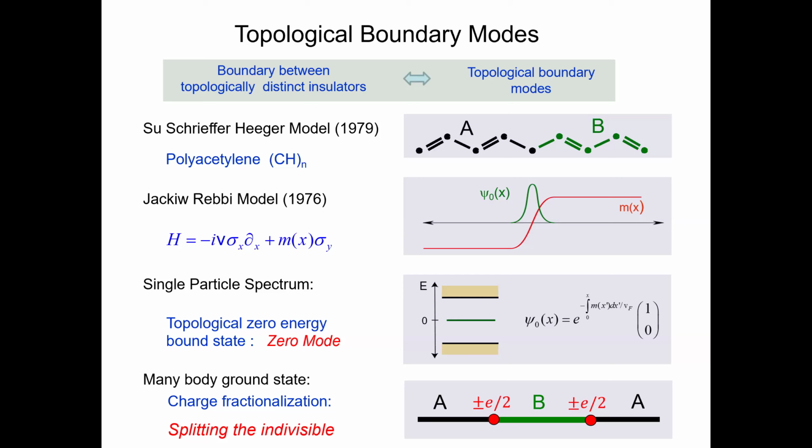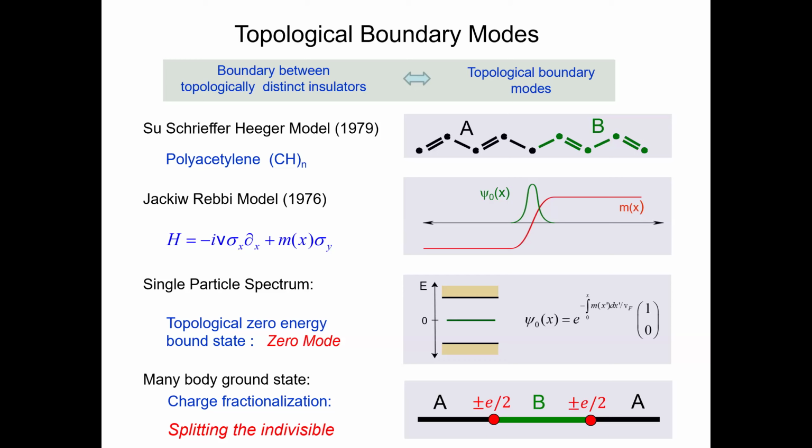This is a pretty easy system to solve because you basically just solve H psi equals 0, a first order differential equation that you can integrate, and you can see that this is an exact solution. So if you haven't done this calculation before, I can assign it as a homework problem. What's that? That's normal. I only care about normalizable states.